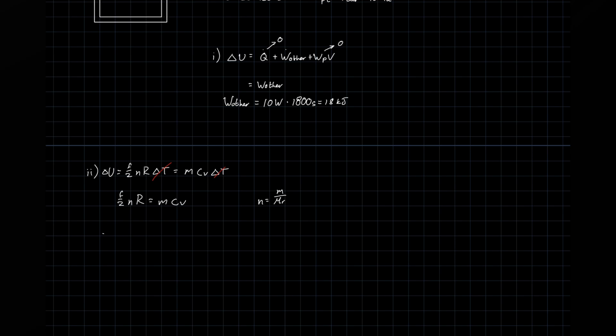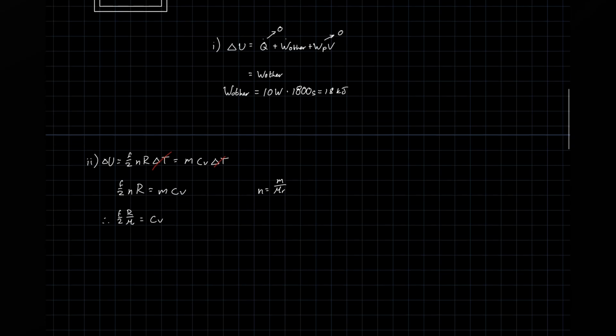So this gives us F over 2 times R over the molar mass is equal to c_V. So what I did here is I replaced n with this expression and then divided both sides by m to get our c_V.